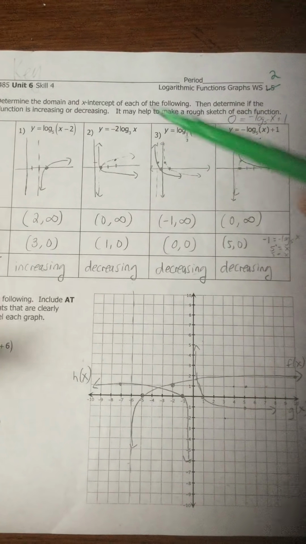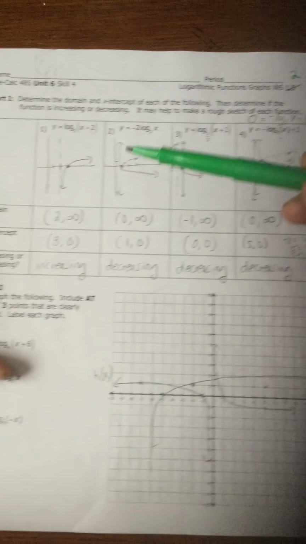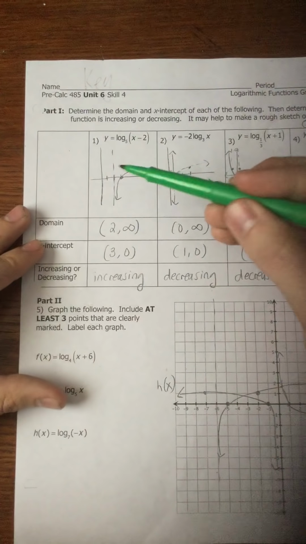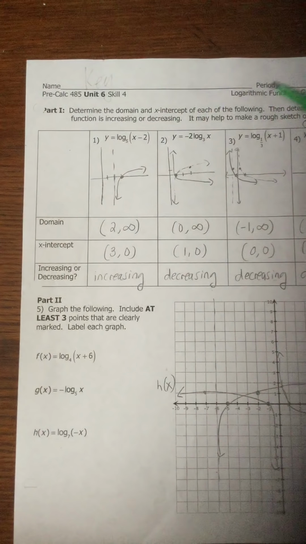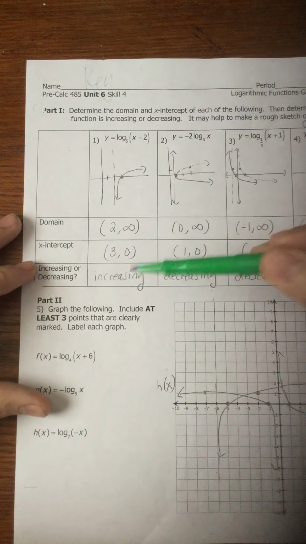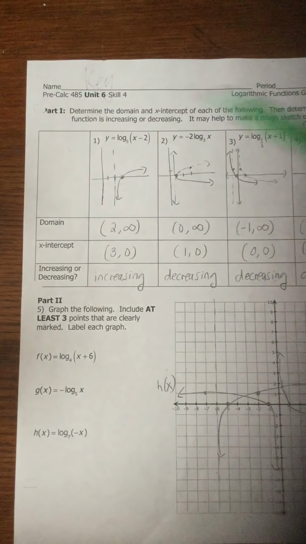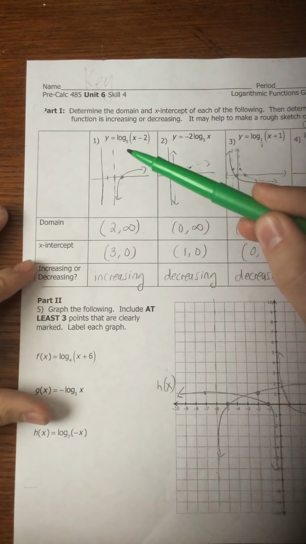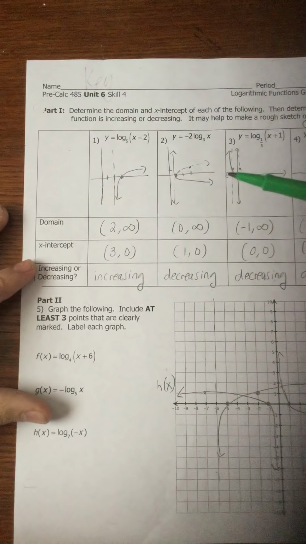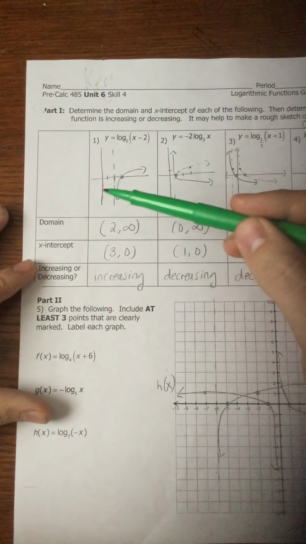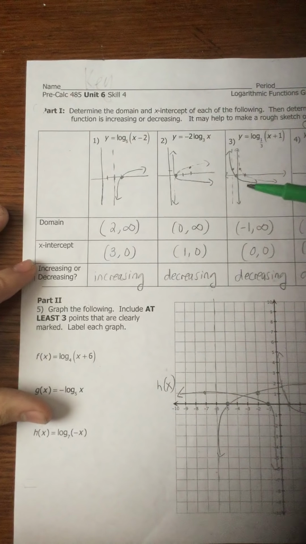Alright, so the few we're going to do is one of these easier ones. So if we start to the left here, we got log base 5 of x minus 2. So if you want to answer these three questions, you have to know what the parent function looks like. If this just said log base 5 of x, you'd have a vertical asymptote along the y-axis, and you'd be crossing at 1, 0.